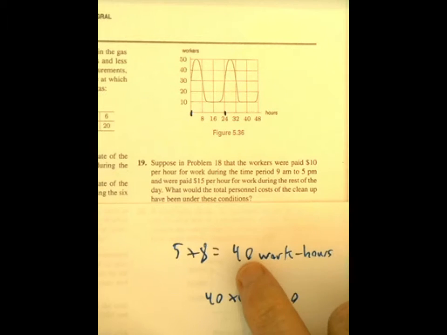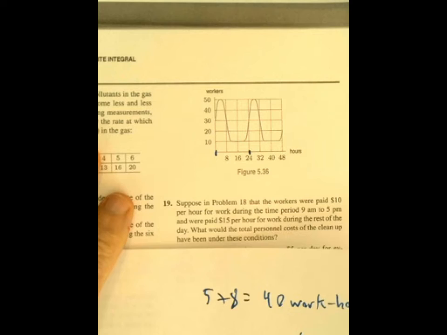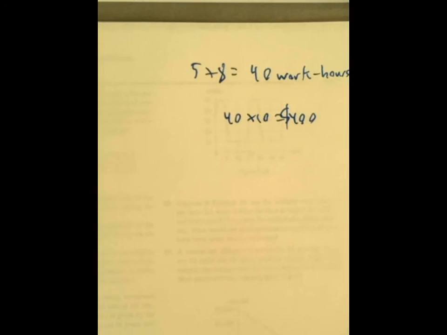So that's what we're getting to here. We want to figure out how many worker hours there are. And once we figure that out, we would just multiply it by their hourly wages, and that would give us the total personnel costs. Well, that's what the graph is for. The graph is for estimating the total number of worker hours.